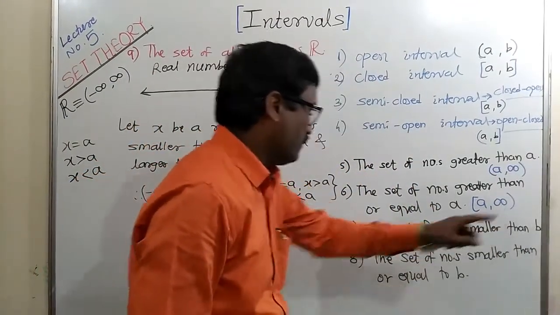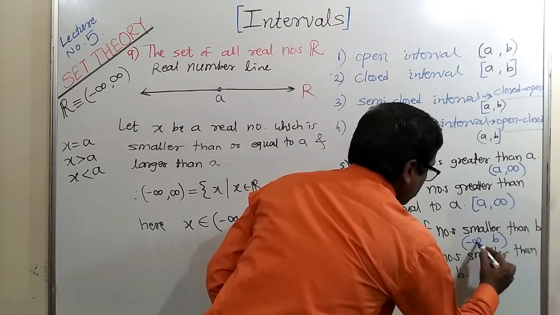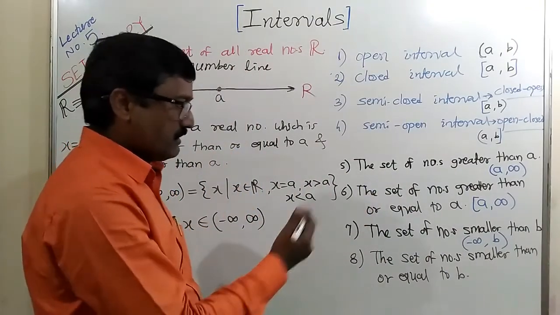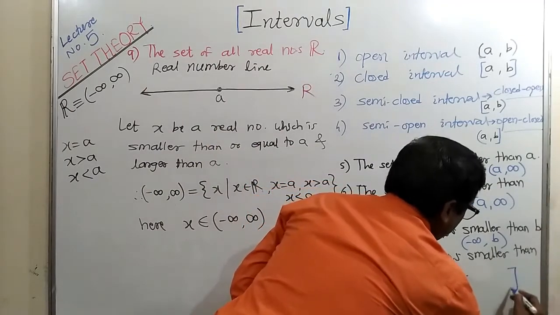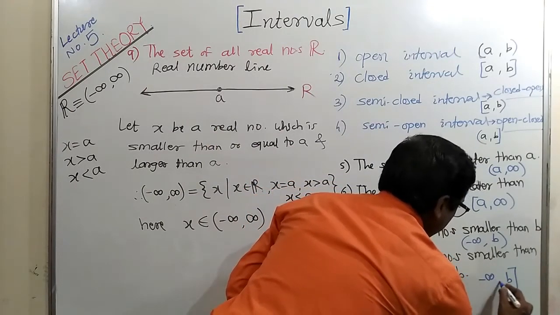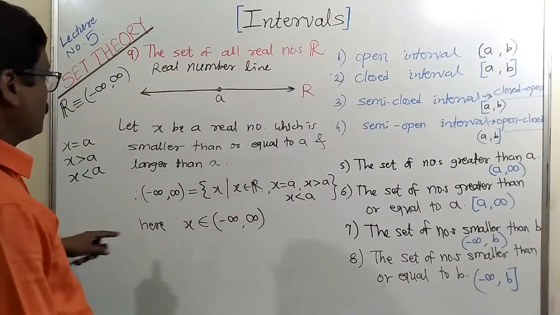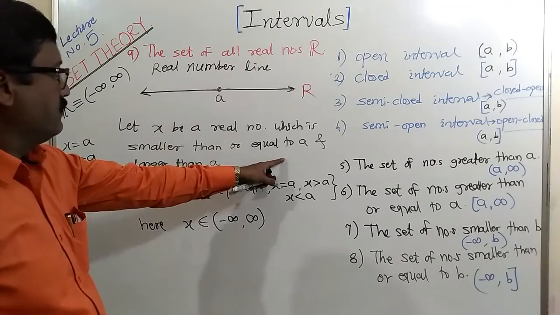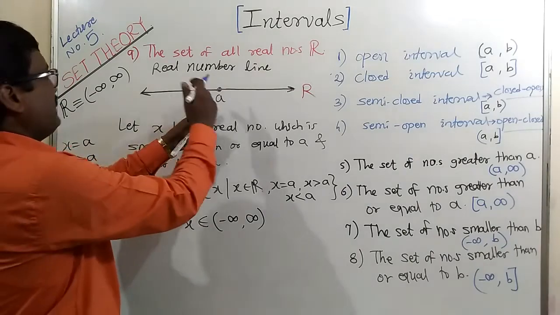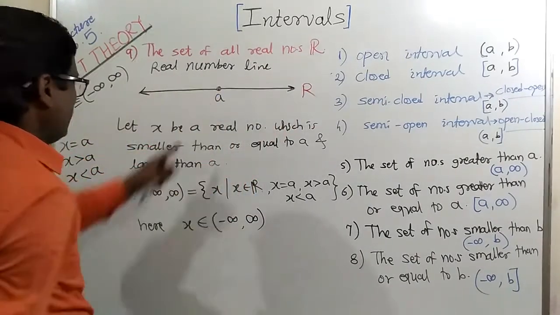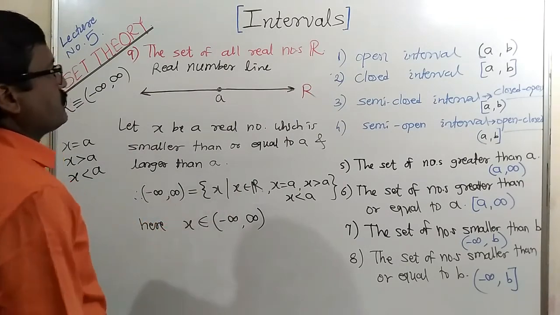The set of numbers smaller than B means it is not equal to B, so open B, open minus infinity, because the number is smaller than B. The set of numbers smaller than or equal to B includes B, so close B, and here is minus infinity, open. And the last, the set of all real numbers, means a number smaller than A or greater than A or equal to A. It is nothing but x belongs to negative infinity open to positive infinity.